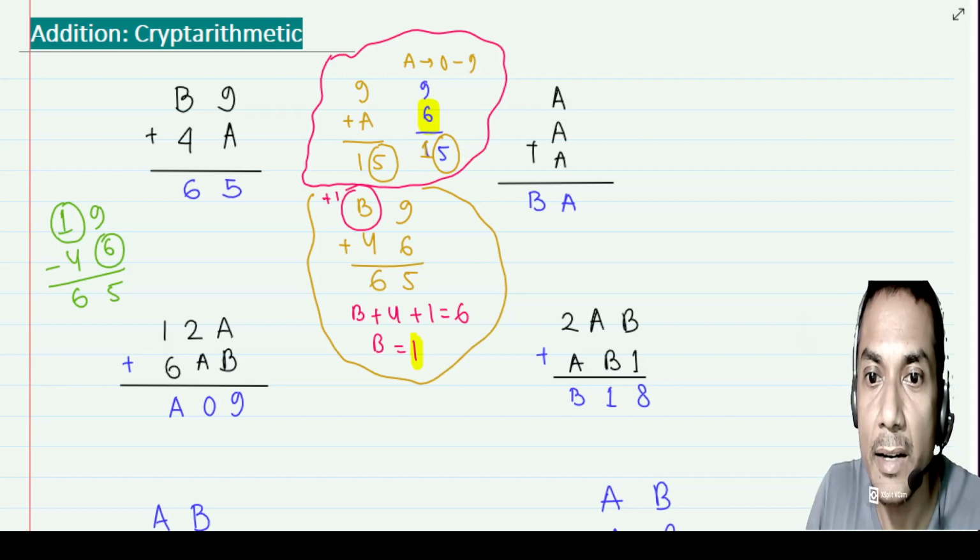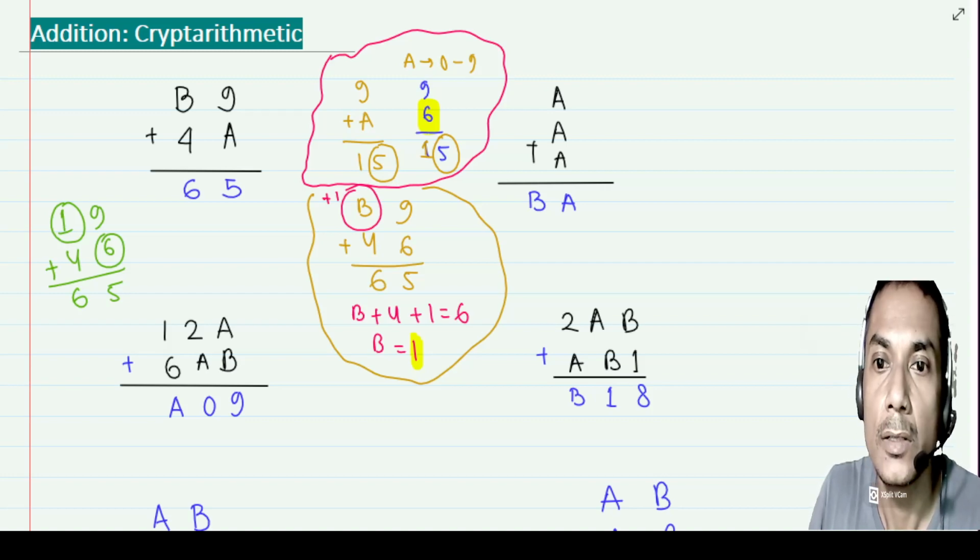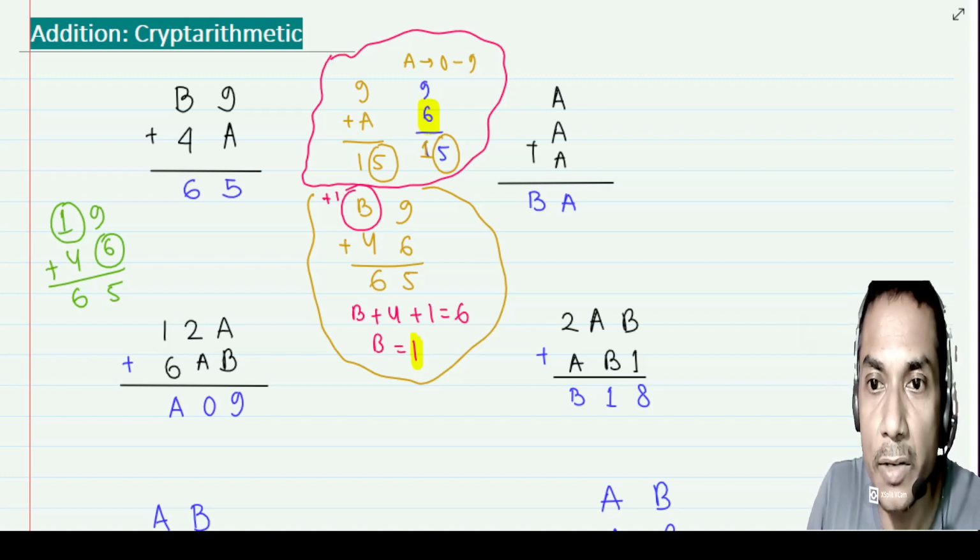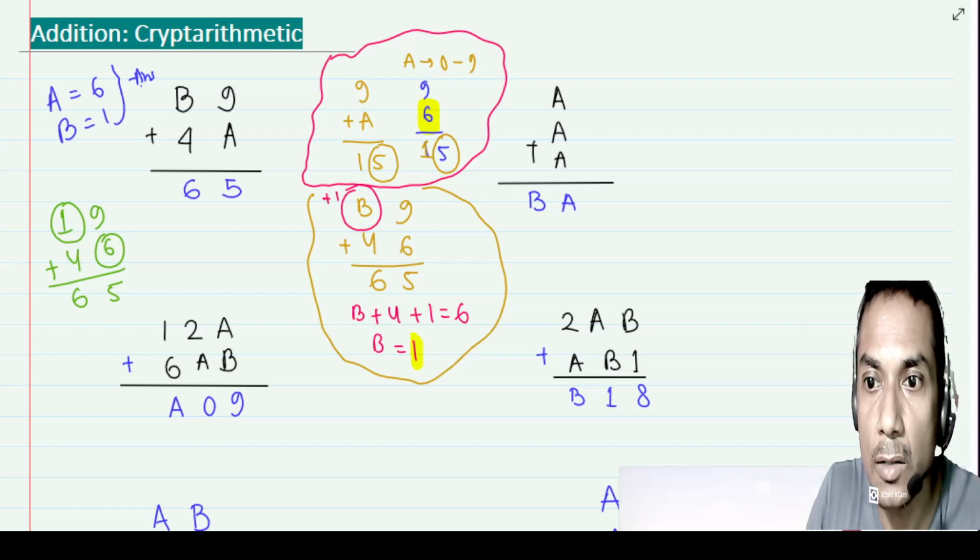So we get the right answer. So finally we get A is equal to 6, and B is equal to 1. This is the answer.